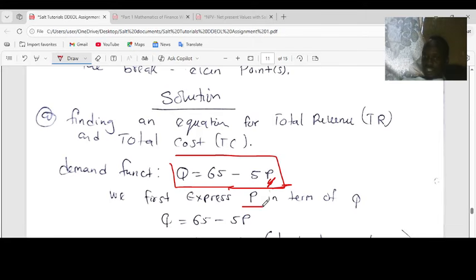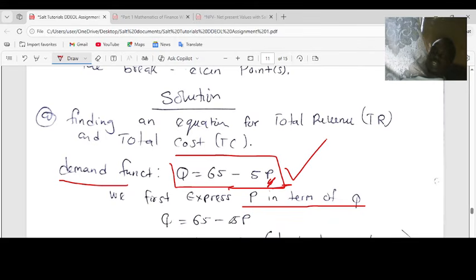First express P in terms of Q so that you know how much the buyers are willing to buy my good at. That price is going to be given in the form of an expression from the demand function. That is why from the demand function we are making P the subject, to come up with an expression for price.